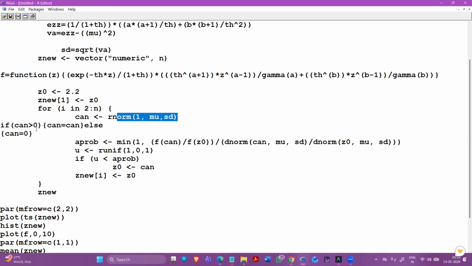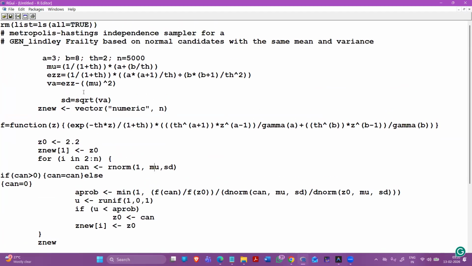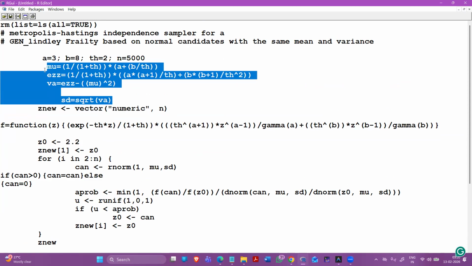So I am going to say that if the candidate is greater than 0, it should be considered, because the normal distribution can generate negative values also. What is the limit of the normal distribution? Minus infinity to infinity. So if I generate a random number from the normal distribution with mean mu and standard deviation sd, it can generate a negative value.